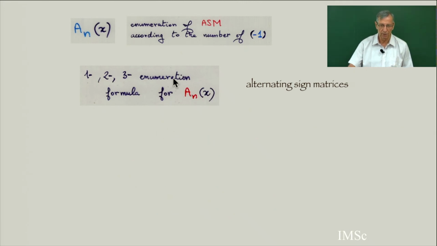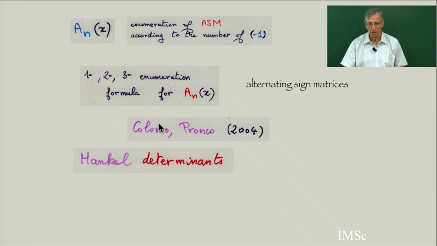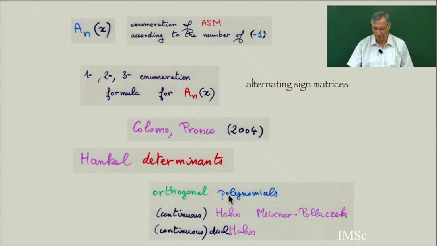Also, there is a strong connection with what we have seen, Alternating sign matrices as a Q-tableau for a certain quadratic algebra, and we have seen that this polynomial An of x enumerating Alternating sign matrices by number of -1 has an explicit formula if you replace x by 1, by 2, or by 3, this explicit formula being given by Colomo and Pronko as a Hankel determinant of orthogonal polynomials. So it's a determinant appearing in the classical theory of orthogonal polynomials, and this is related to the Hahn, Meixner-Pollaczek, or dual Hahn. There is some kind of Hahn polynomial.